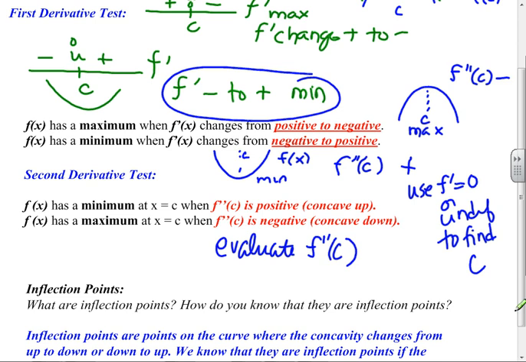And we did this problem, we did 38 out of the book. So let's do 38. I don't know if it's a homework problem or not.